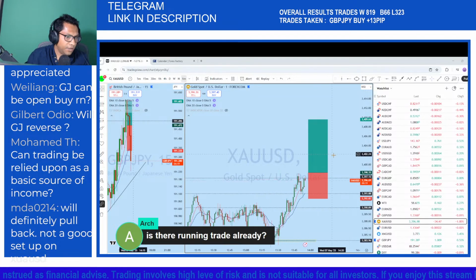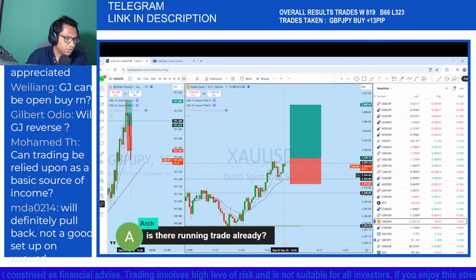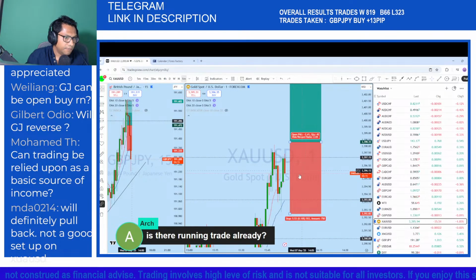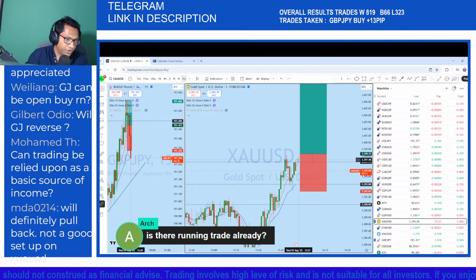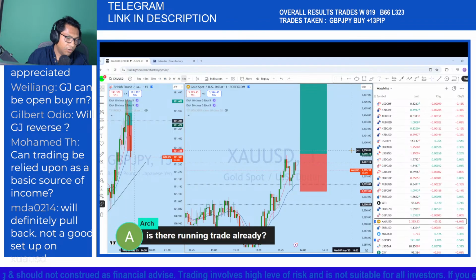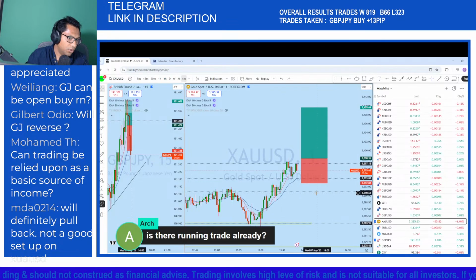Place that buy stop here on XAUSD, and because it has gathered liquidity here multiple times, if it trends back up, then only we will be on the trade, otherwise we will be holding it here.